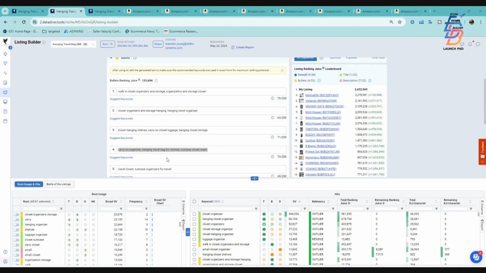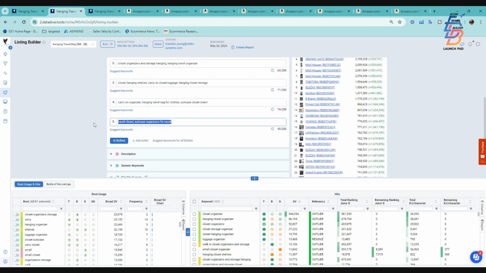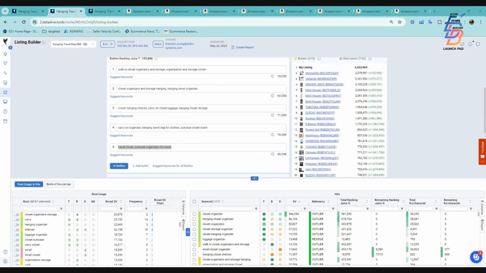Even though the fifth bullet is going to be your guarantee, you can still use keywords there. So, you know, Voyaj guarantees your travel closet, with a 100% money back guarantee. So if anything happens to your suitcase organizers for travel that you purchased, let us know, or whatever. It gets a little wonky, but you can choose to use the keywords there if you want.